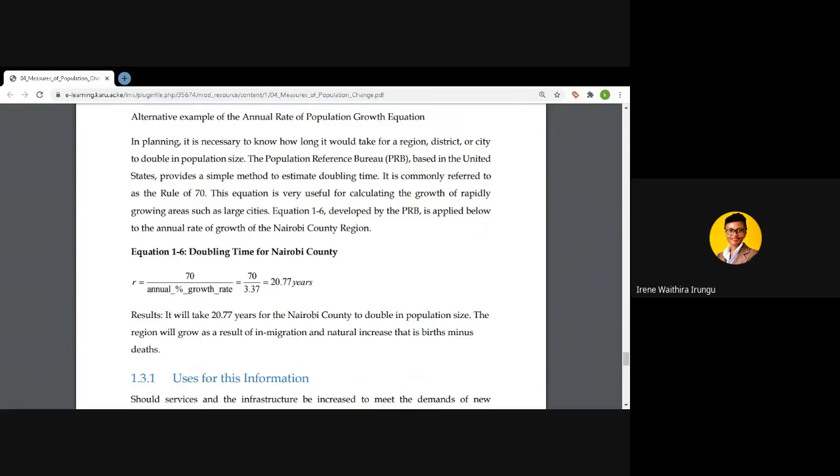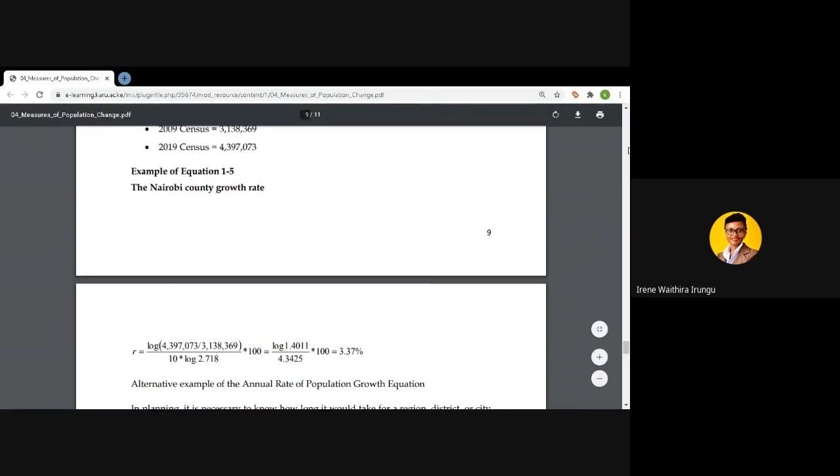We consider 70 to be a constant, simply obtained from the logarithm to base e of 2. And our denominator is the annual growth rate expressed as a percentage. So in our work here, we obtained our growth rate to be 3.37.